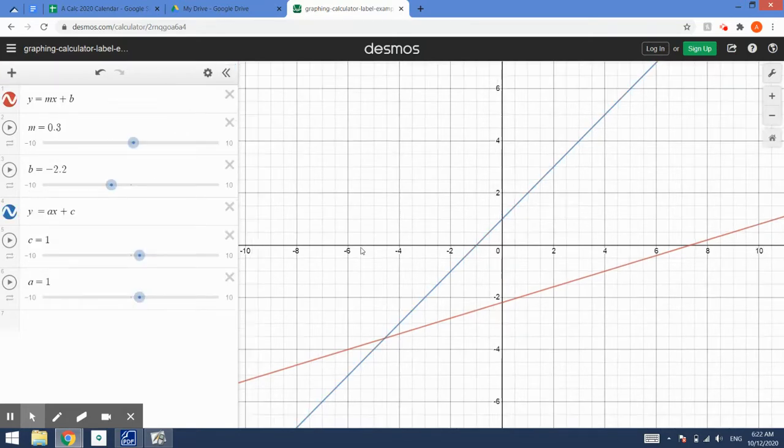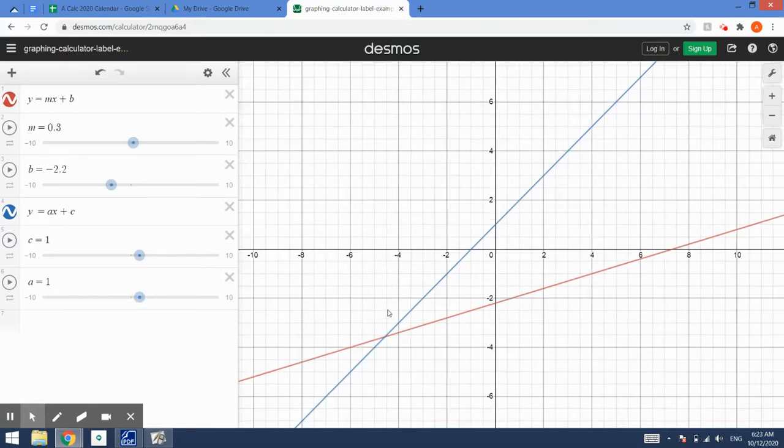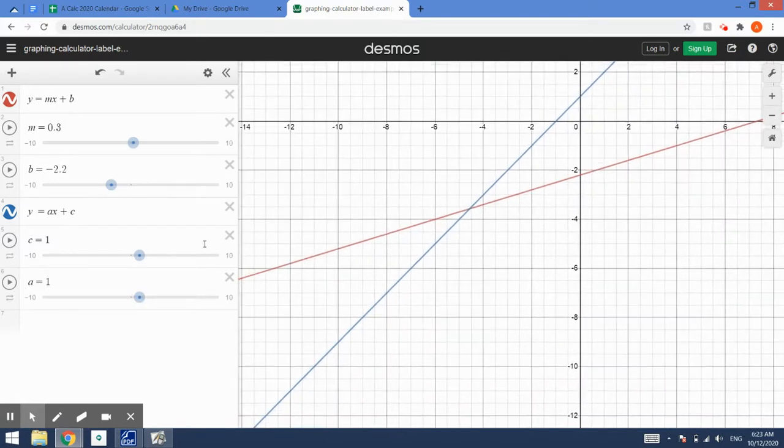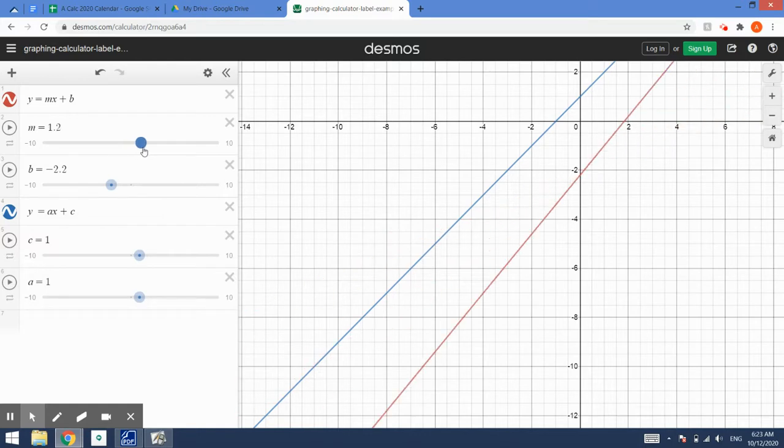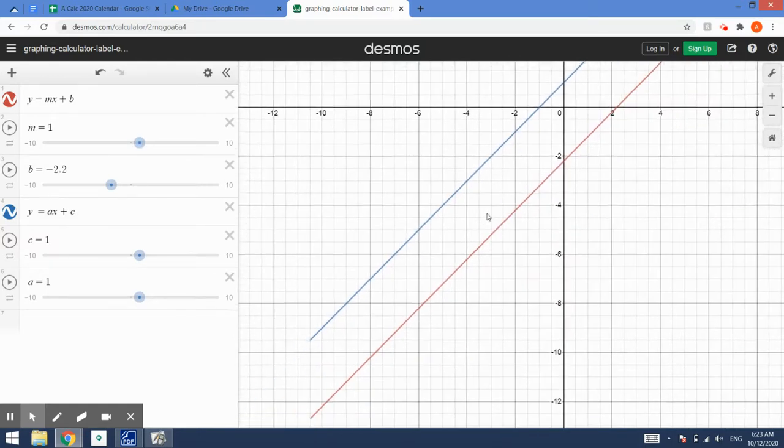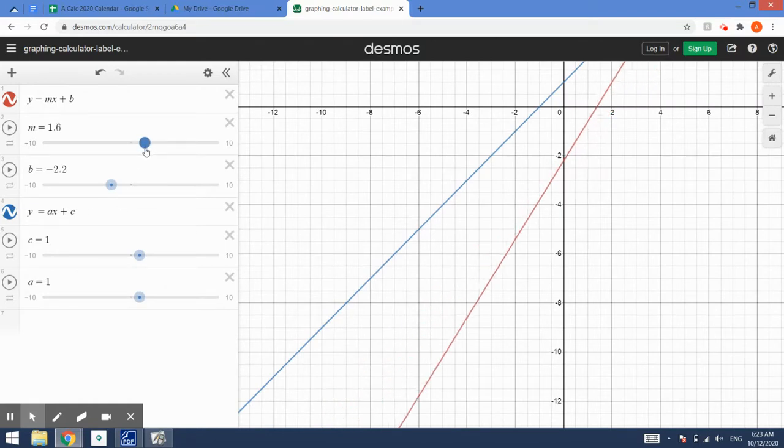So you have your 2 equations, and in this case, a is going to be our slope. So if you take the 2 lines, and let's say our first slope is 1, and the other one is 1, well, you can say that they are perpendicular, hey. But let's make the other one 2, or 1.5.